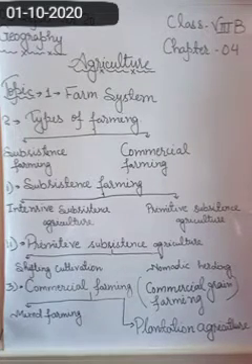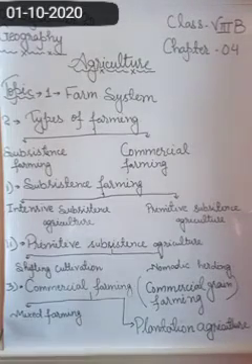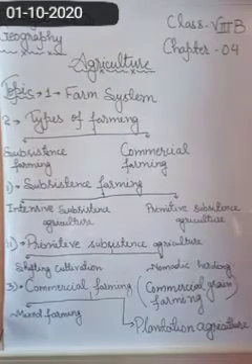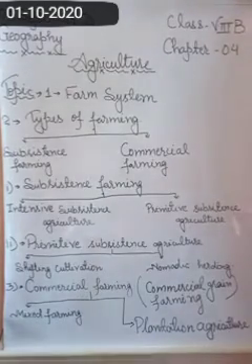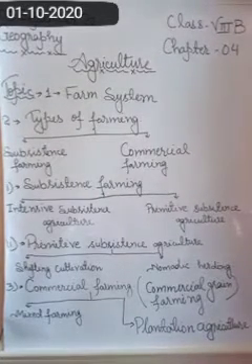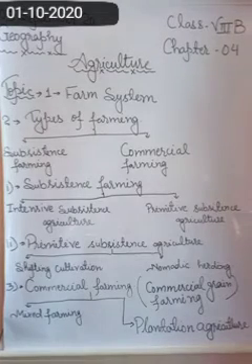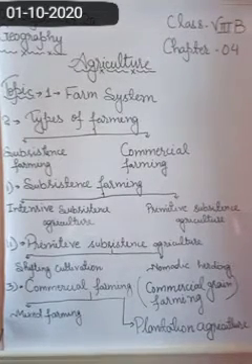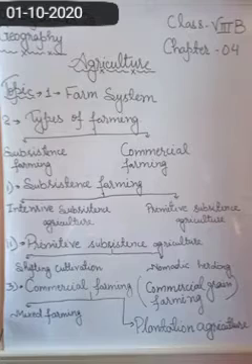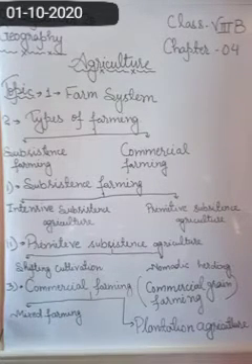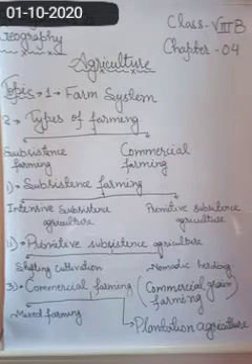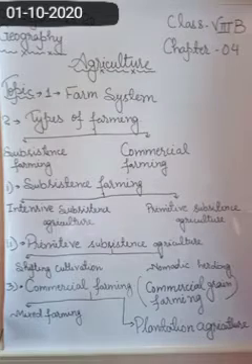Understood? So students, the outputs from this system are what farmers get, like crops, and if farmers are rearing animals, then they will get wool, and if anyone is busy in dairy farming, then they will get milk, and if anyone is busy in poultry products, then they will get eggs. So these are all examples of outputs that farmers get from different kinds of agriculture activity.